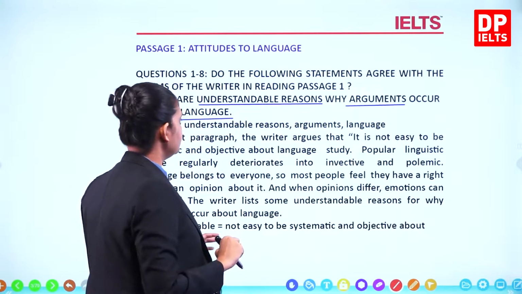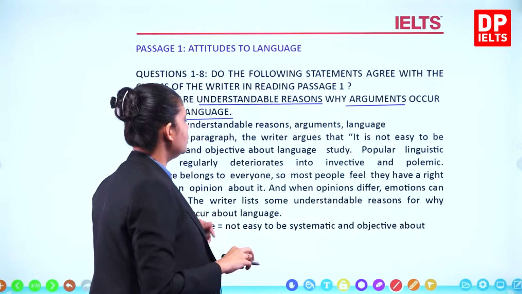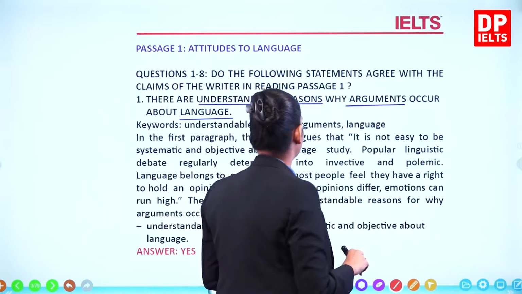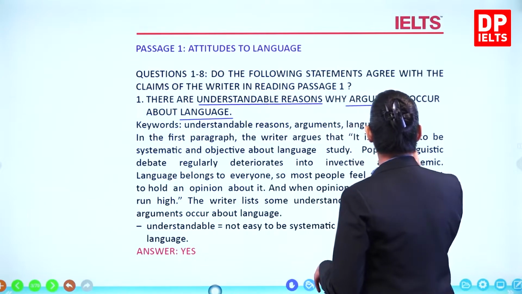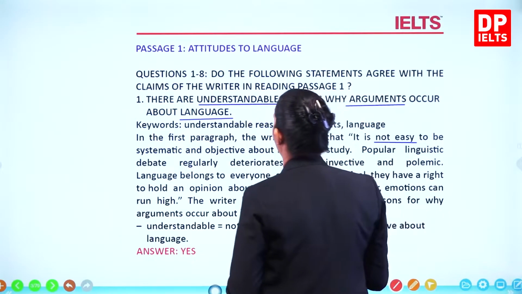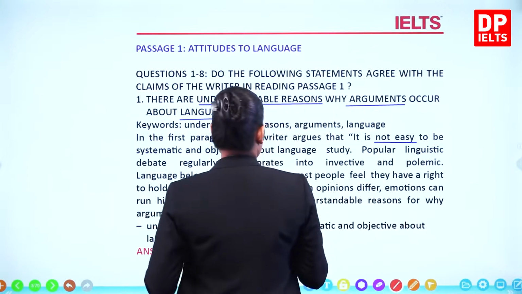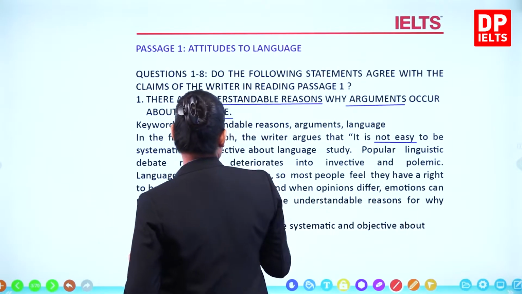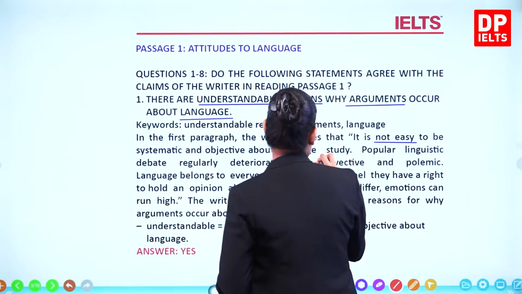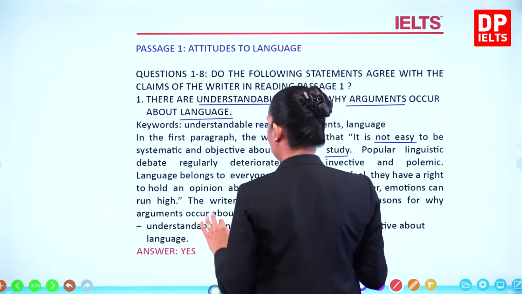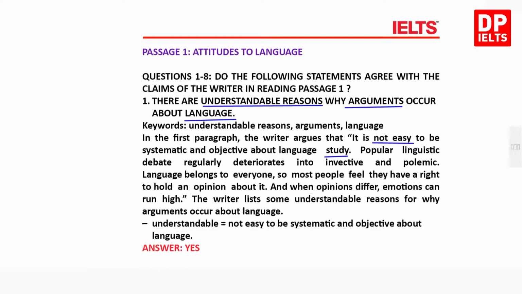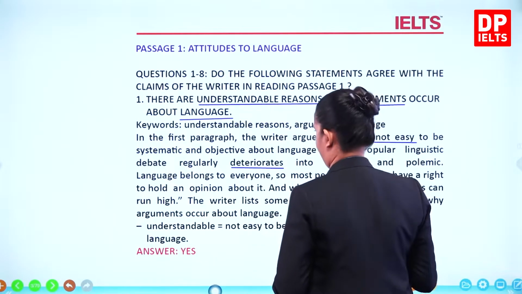If you go to the first para, the writer argues it is not easy to be systematic and objective about language study. Popular linguistic debate regularly deteriorates into invective and polemic.